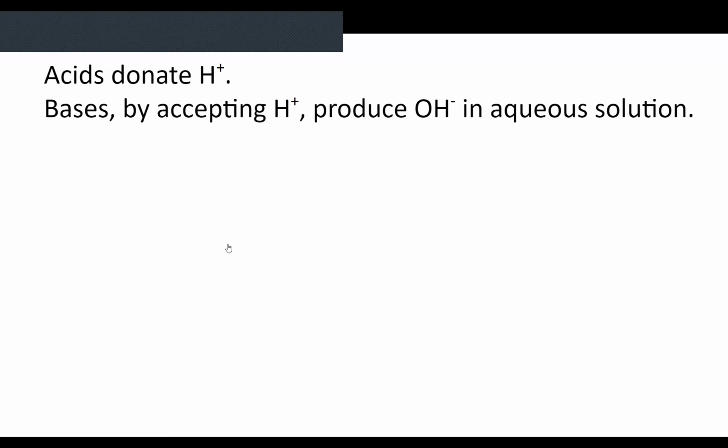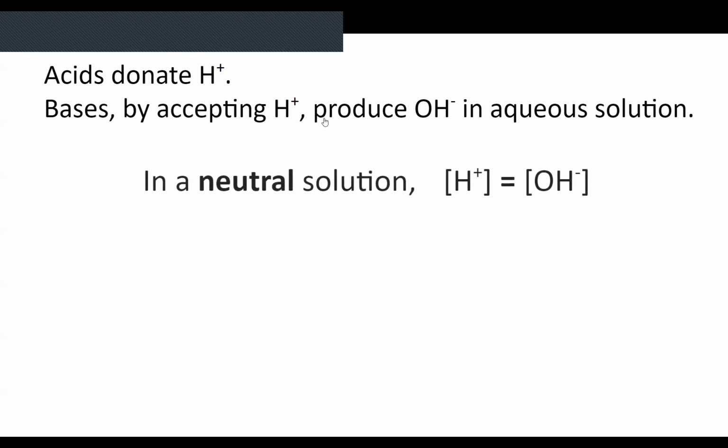And if you think about what that means, the bases are going to receive H plus from water. And when water gives up the H plus, it becomes OH minus, hydroxide. So in effect, bases, by accepting H plus from water, produce OH minus.